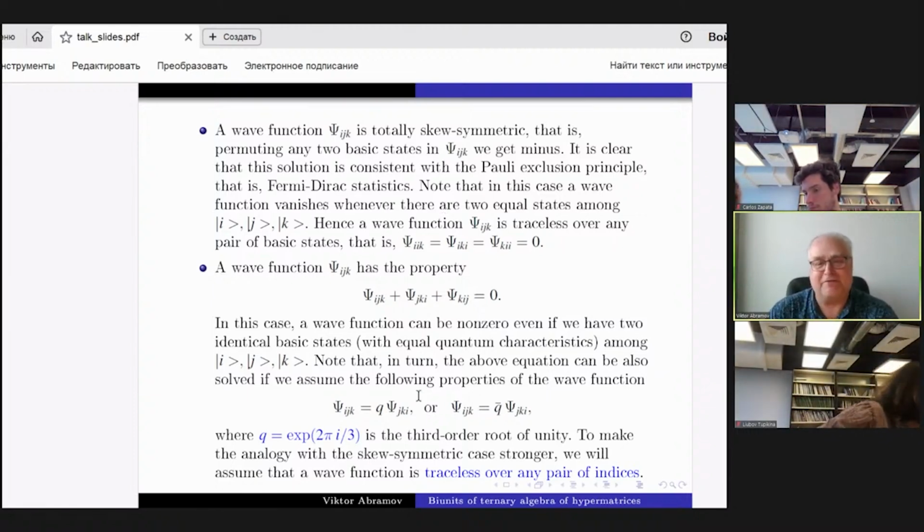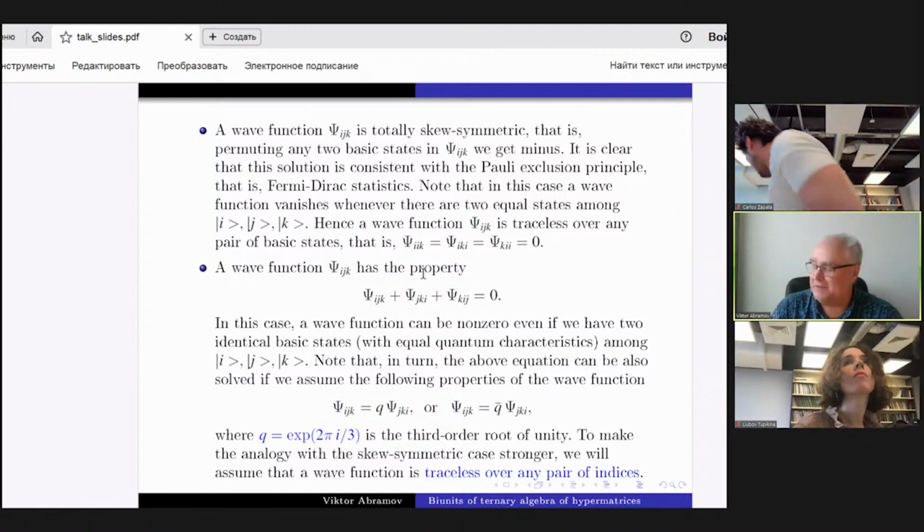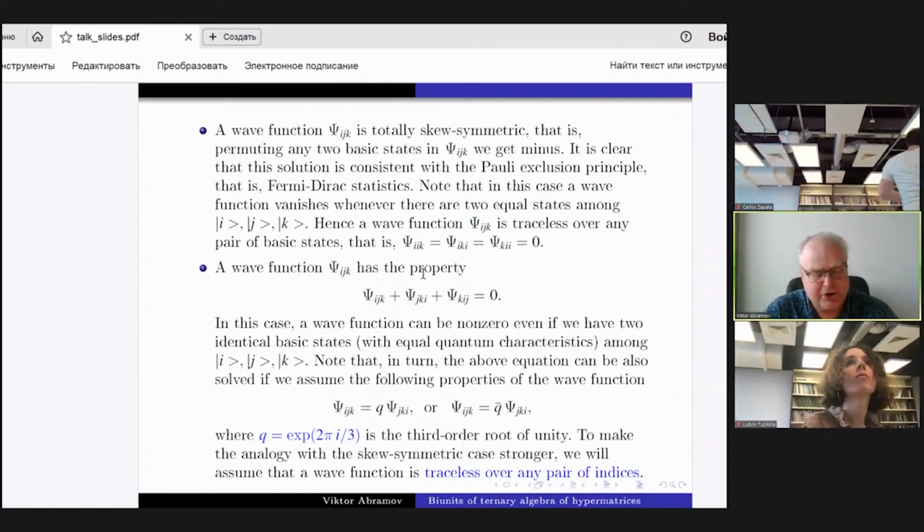So they are not very far from each other. Of course, it's not a rigorous explanation, but they are closer to each other. I do not go very far from this classical case.